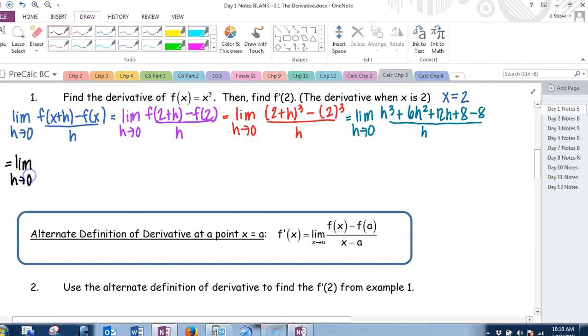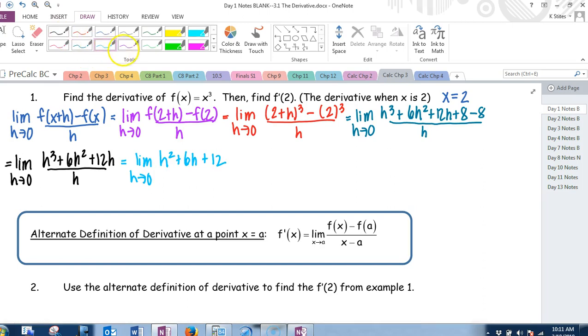You'll notice your 8's will cancel. And now all of this is divisible by h. So you can pull out an h and cancel it, or you can just divide by h right now. And you will get this. But h approaches 0.